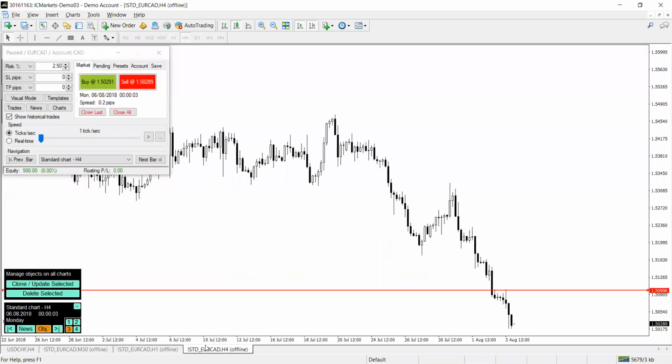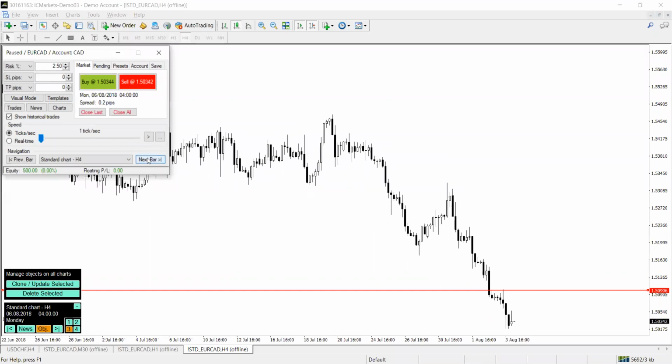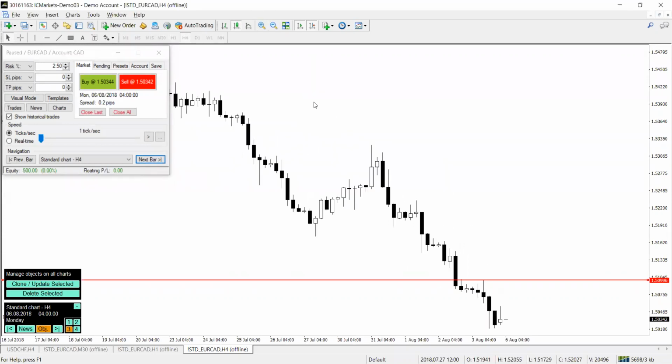So at the moment, we're in a bearish market. You're looking for a pullback. Okay, fine. So let's press 1 up 4 hour candles. Okay, now it's Monday.